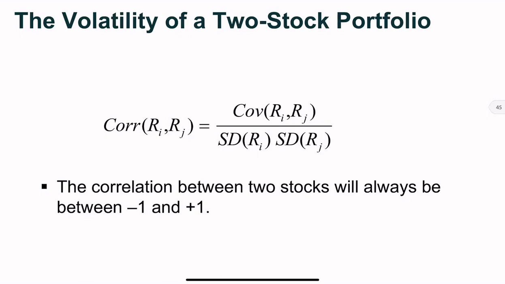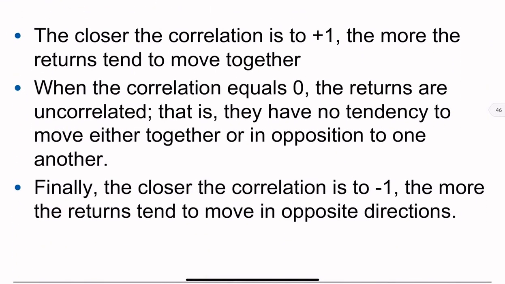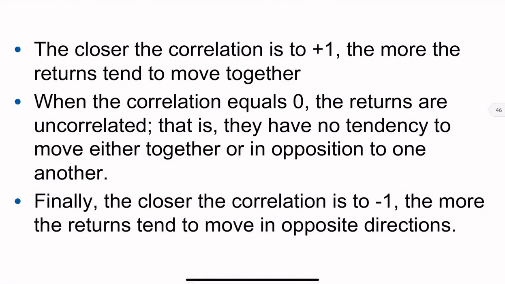However, the value calculated for correlation is bounded, right? It is between -1 and +1. So let's see the meaning of correlation.